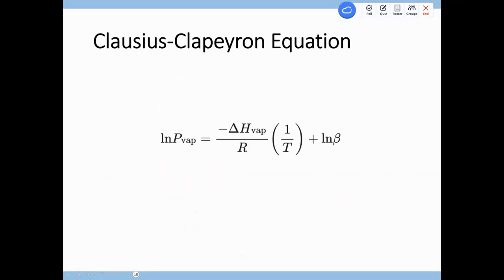We have an equation that's in the y equals mx plus b form, where we have ln, natural log, a function in your calculator, pVap is vapor pressure, delta HVAP is enthalpy of vaporization, or heat of vaporization.